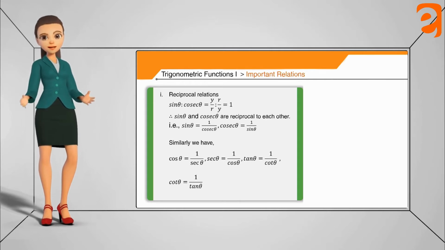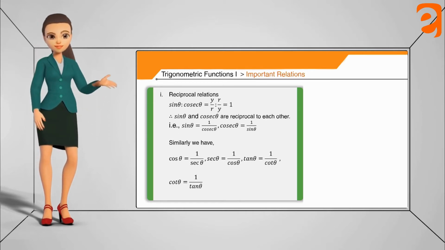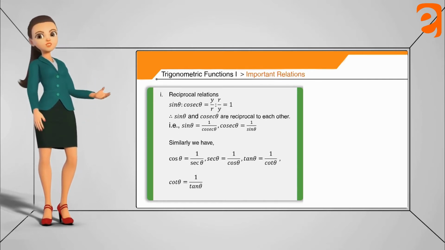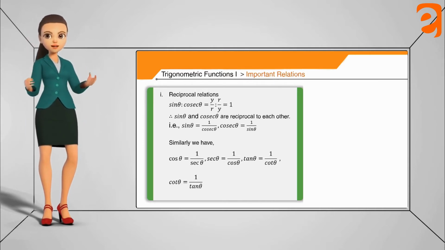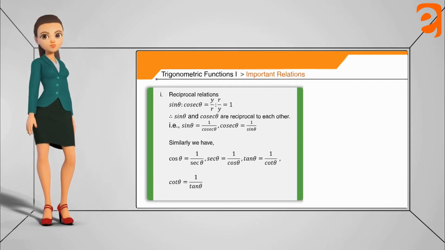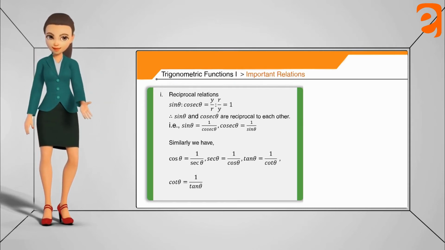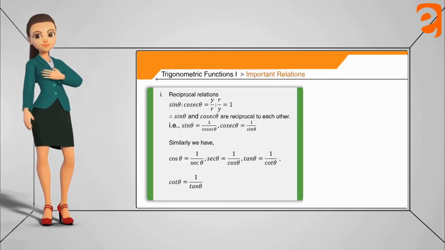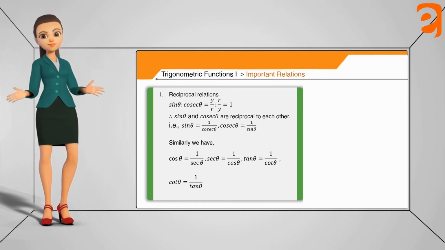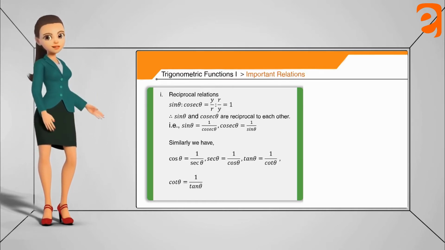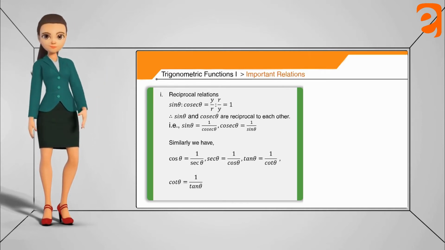Put it there, do the calculation, and it comes out to be 1. So if the result is 1, this means that they are reciprocals of each other. That is, sin theta is a reciprocal of cosecant theta and cosecant theta is a reciprocal of sin theta. You can say it either way.